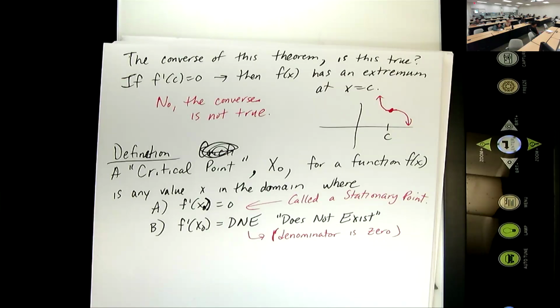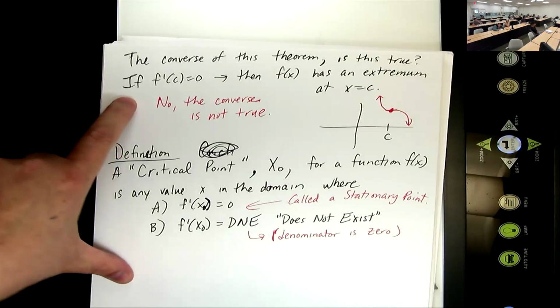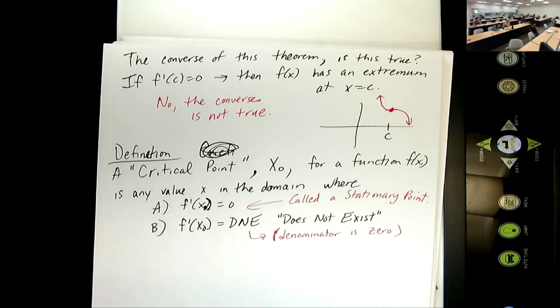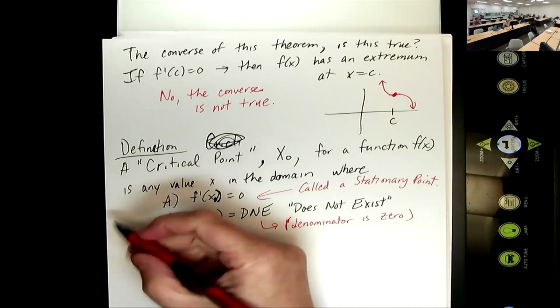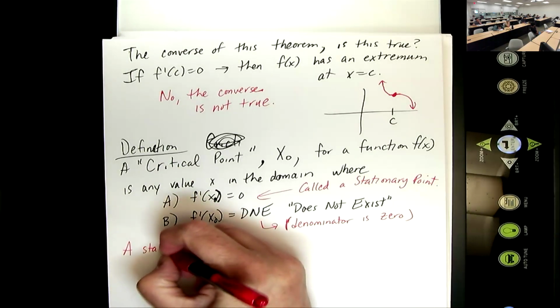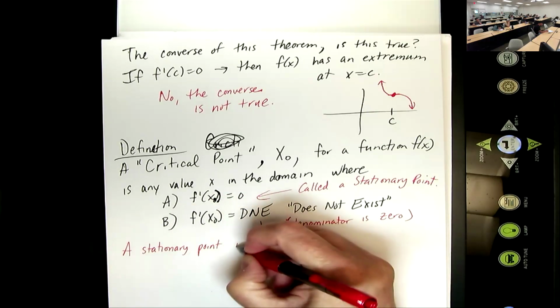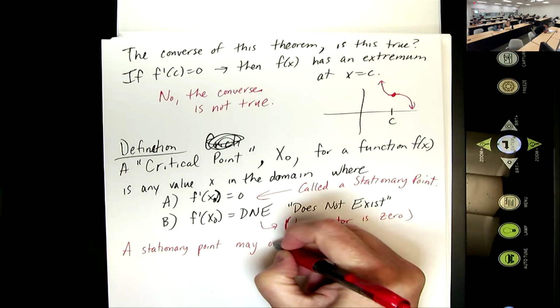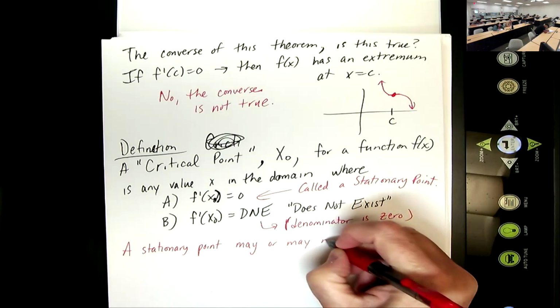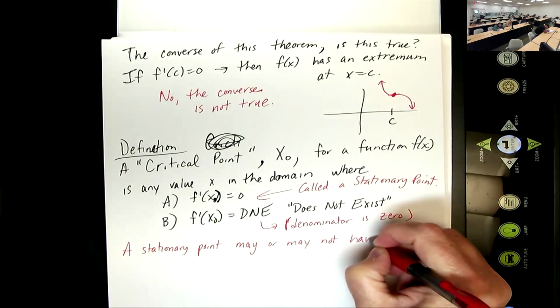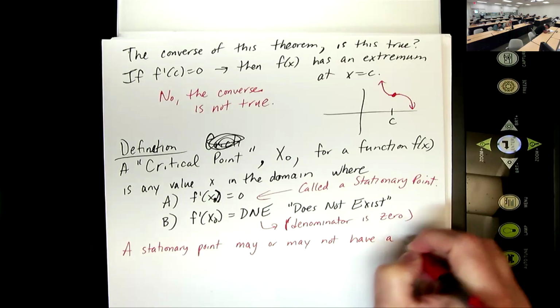And as we saw from the last example, just because it equals 0, a stationary point may or may not have a relative extrema there.